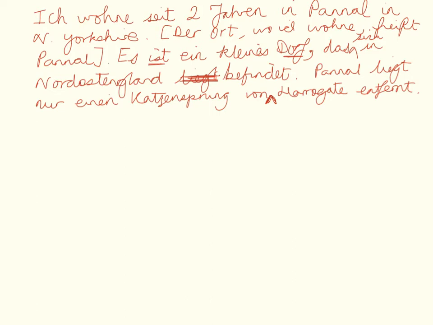Now, because it's von, I'm going to have to use the dative. Normally it's die Stadt, but this time it's going to be von der Stadt Harrogate. But I want to say famous or well-known. I'm going to say bekannt, but I need to add an ending because it's a dative ending. It's actually going to be bekannten. Yeah, so I've got Pannal liegt nur einen Katzensprung von der bekannten Stadt Harrogate entfernt.